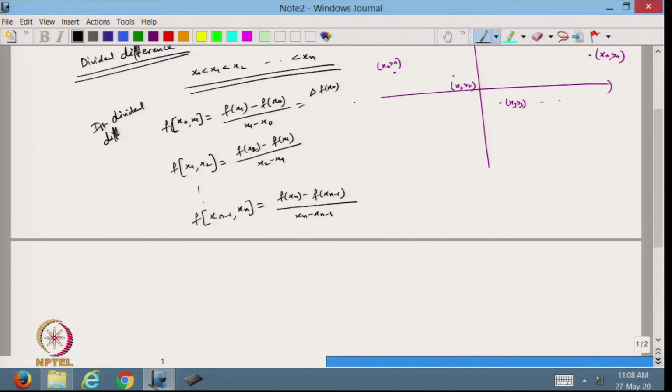The only condition was that in that case h was uniform, so x1 minus x0 was equal to h, and we are not dividing by h there. So it is similar to that one, only this we have defined for uniformly spaced nodal points, and this is for any, it may be uniform or non-uniform. That one is only for uniform data, that is equispaced.